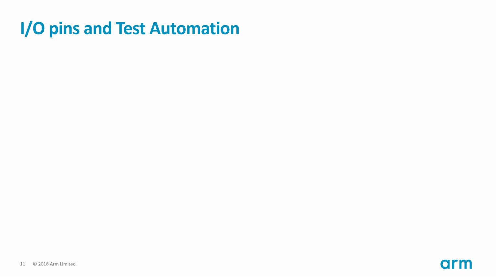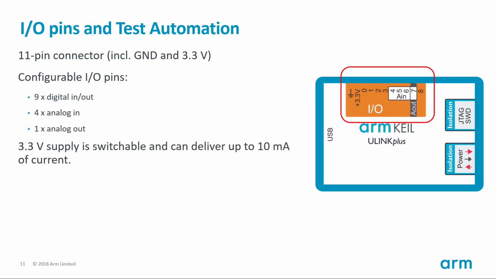ULINKplus offers the ability to communicate with the target under test using digital and analog I/O signals. For that, it has a special 11-pin interface. 2 pins are reserved for ground and 3.3 volt signals, and other pins can act as digital or analog input-outputs.